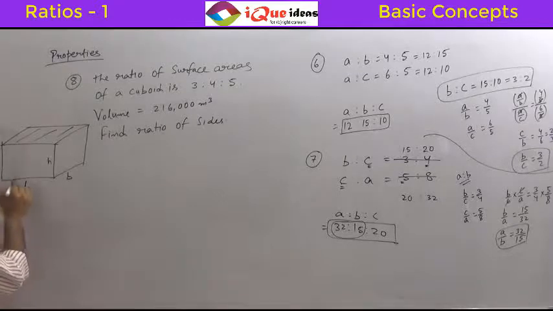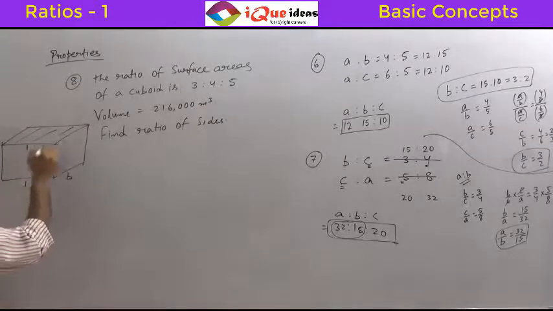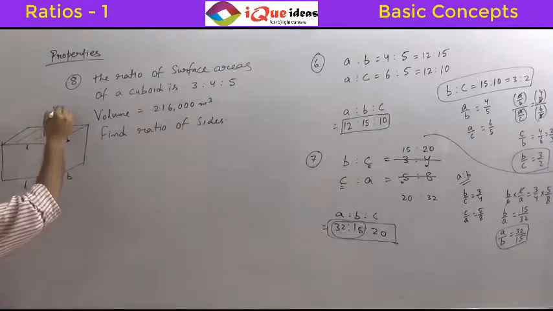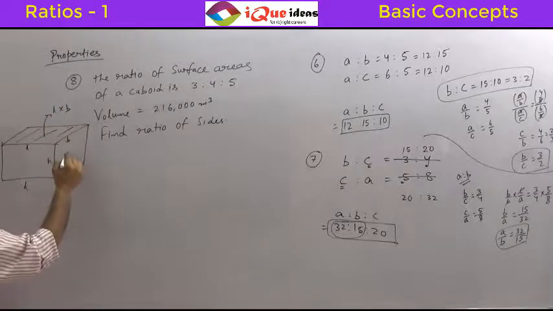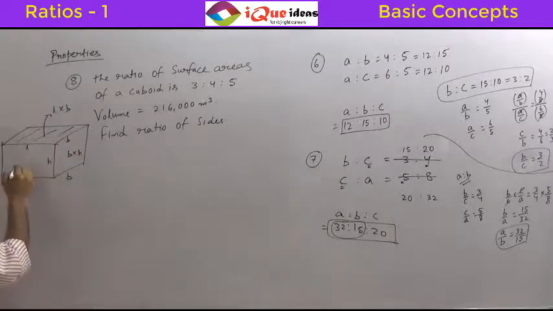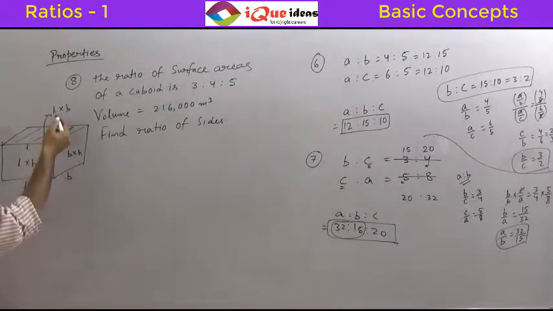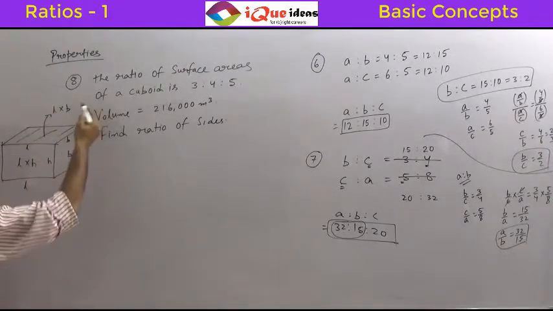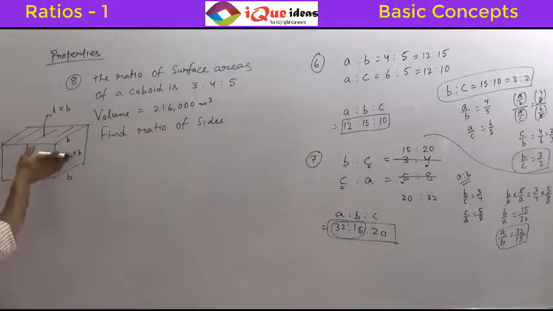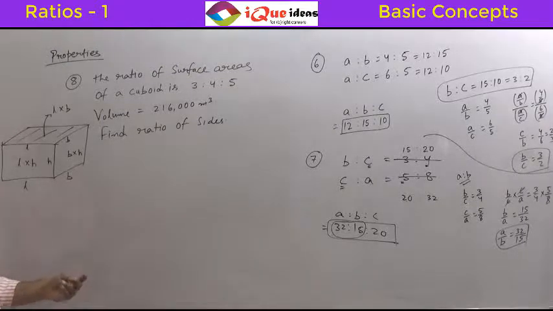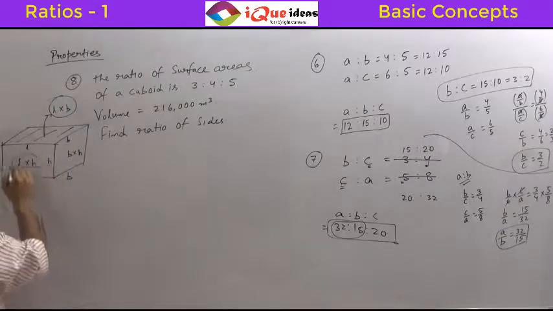Let's say, for example, this top area, this is L, this is B. So the top area will be L into B. This side area will be B into H. And this front area will be L into H. Now the bottom area will also be L into B. The back area, which we can't see, is also L into H. And the surface parallel to this surface on the back will also be B into H. So there will be 6 surfaces, but the value of surface areas will be only 3. And the values are L into B, L into H and B into H.